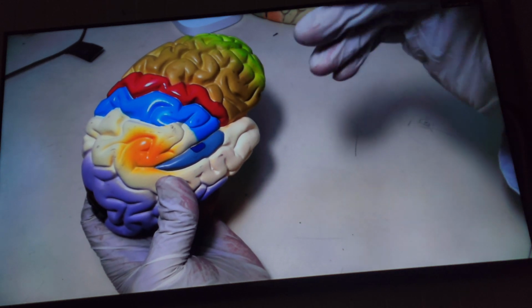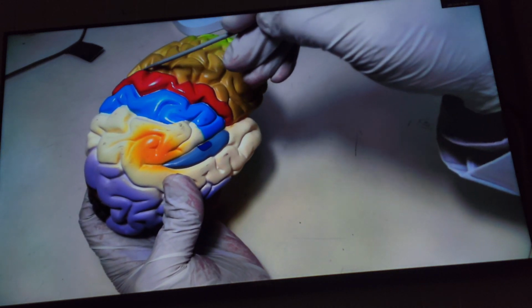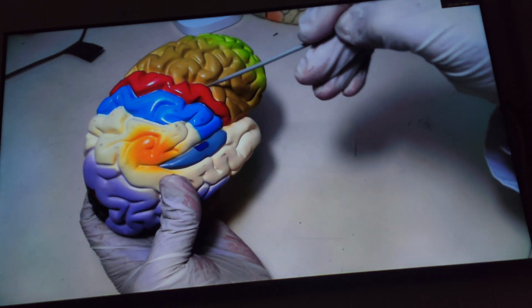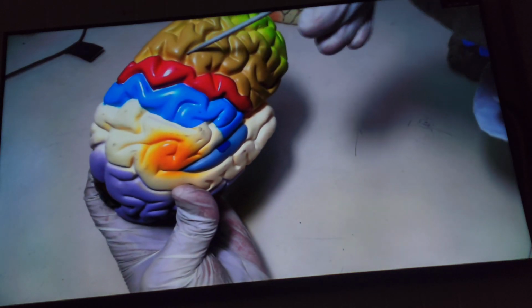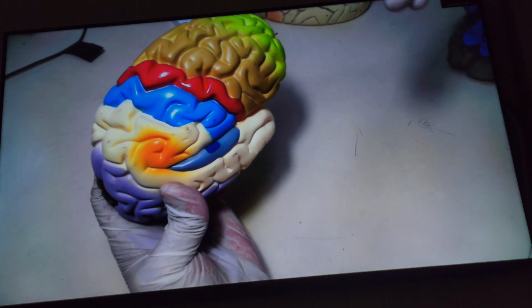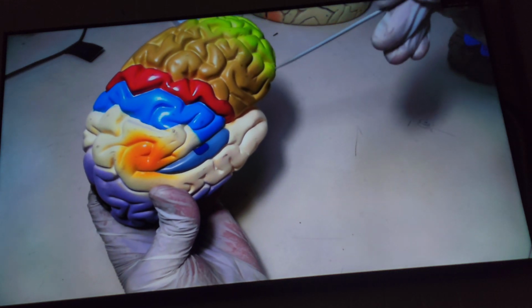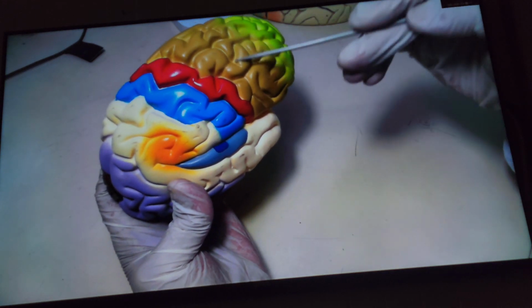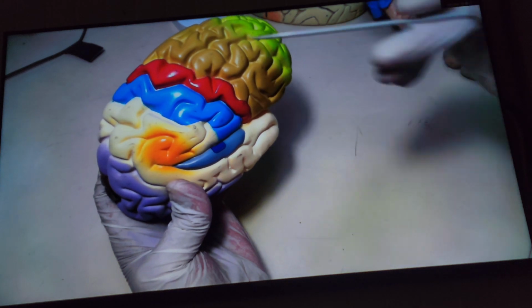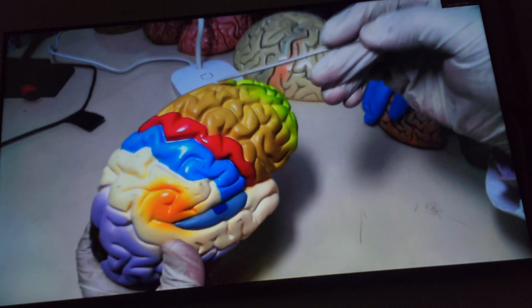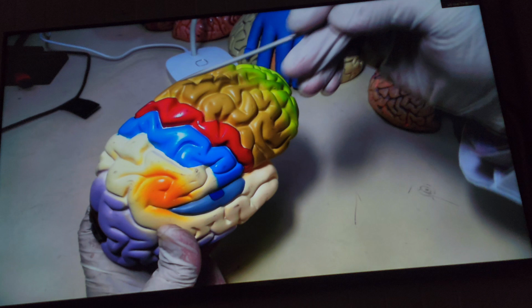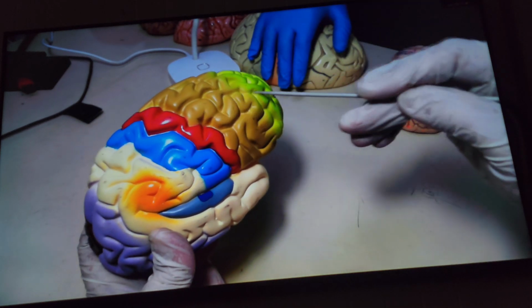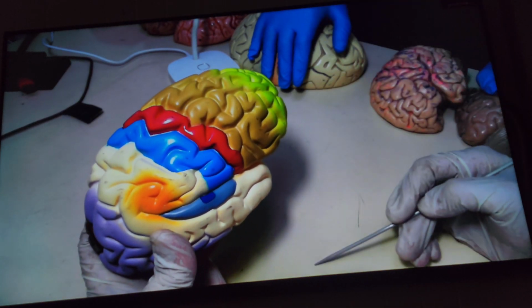The main sulci and gyri in the frontal lobe: we have the precentral sulcus, the superior frontal sulcus, and the inferior frontal sulcus. These give three gyri: superior frontal gyrus, middle frontal gyrus, and inferior frontal gyrus.